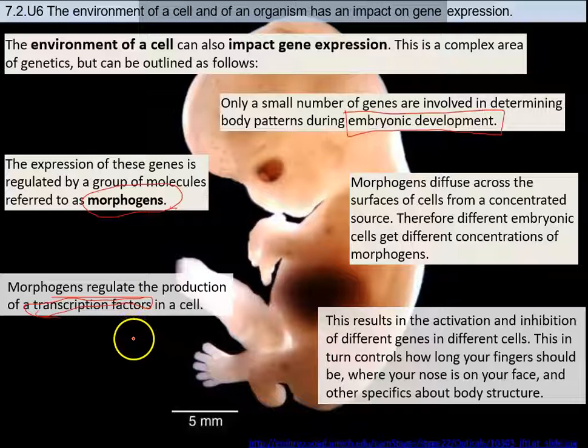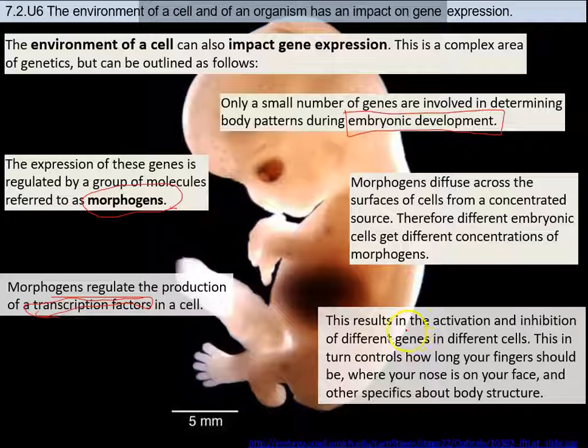First of all, the transcription factors have a role in transcription, and then that transcription will lead at the end to the translation of that protein. So this is the beginning of gene regulation. These morphogens are controlling or affecting the transcription factors.